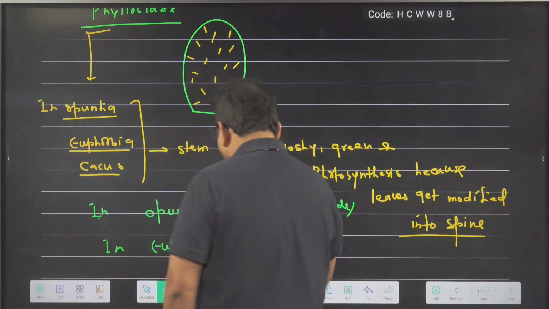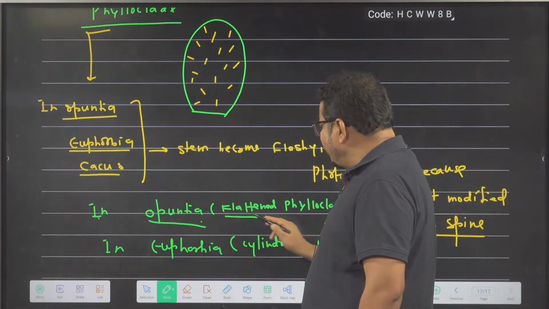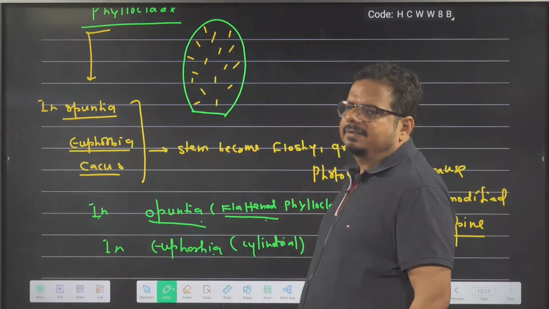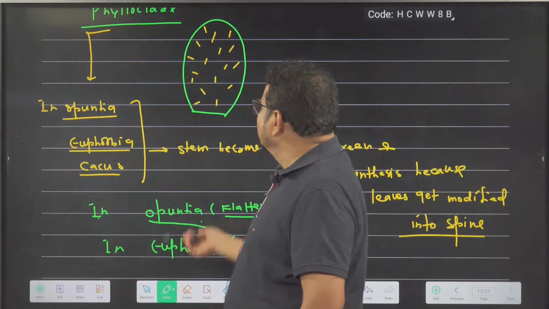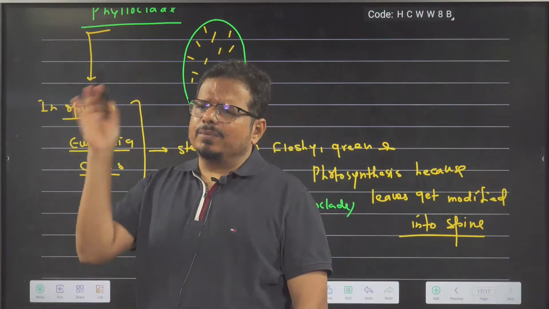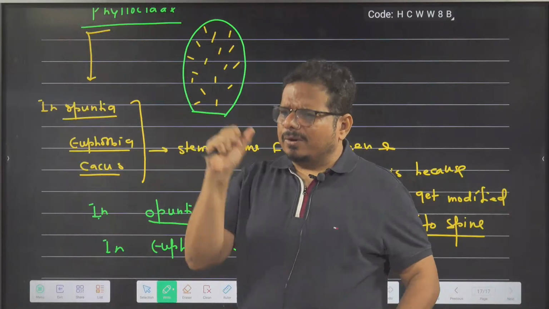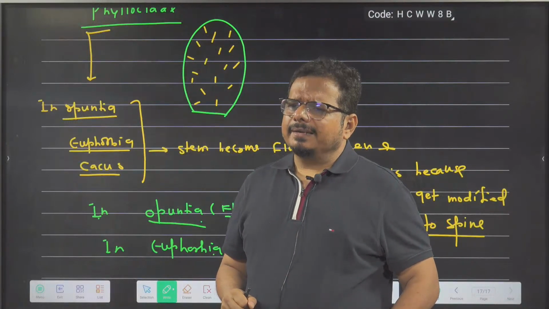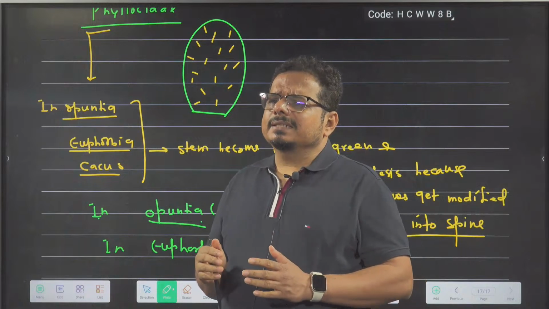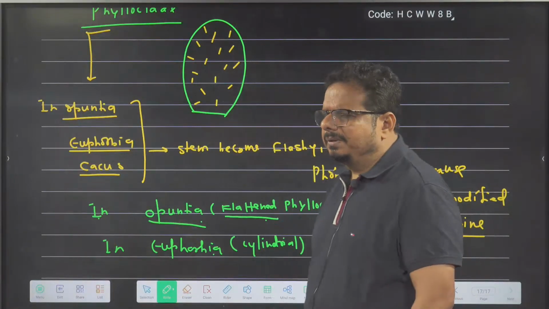Don't forget this. Examiner asked this line in the exam. Opuntia has flattened, Euphorbia has cylindrical phylloclade. Phylloclade is a modification of a stem for photosynthesis. A stem becomes fleshy or succulent, right? And what is the stem doing? Photosynthesis, because it becomes green and the leaf is not doing its job.